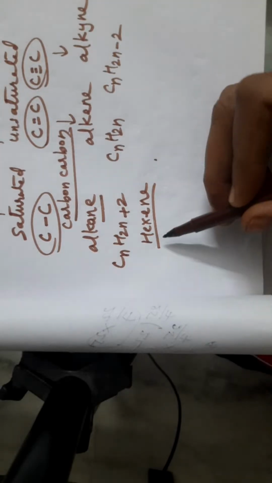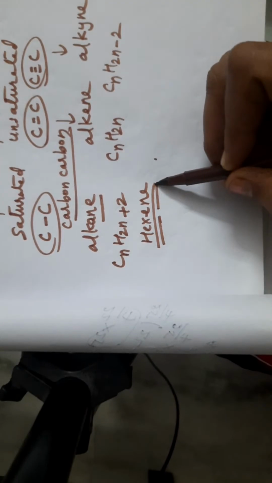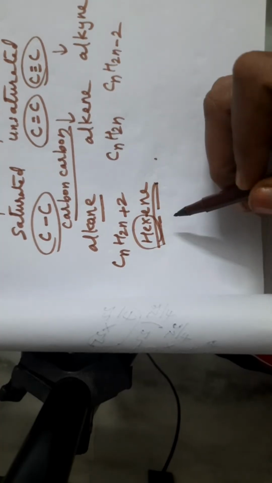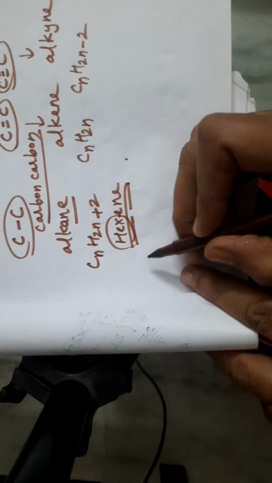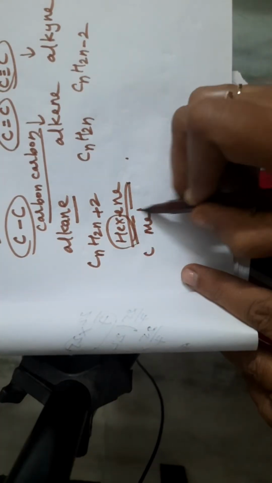Okay, here it is hexene. Hex means 6. Next, you need to learn about the table, like depending on the number of carbon, how we can categorize the elements. If one carbon is there, we call them meth. For one carbon, meth.